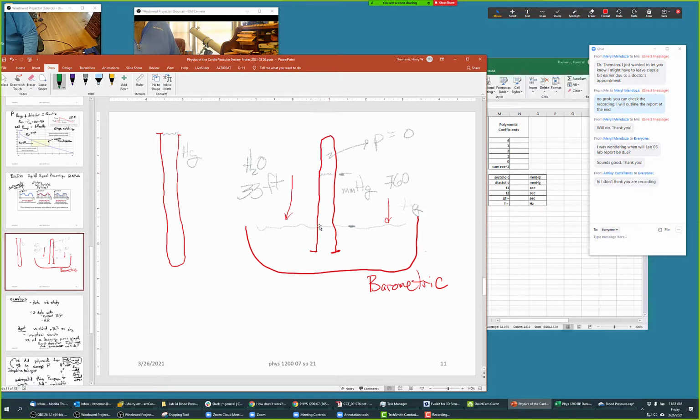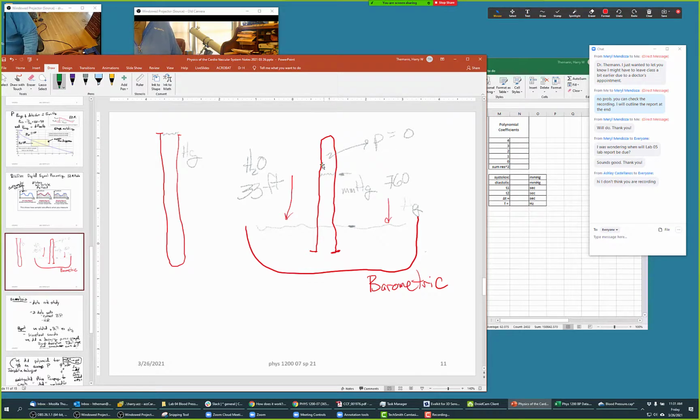You need about a meter of glass tube, maybe a meter and a quarter. And the mercury will drop down, but it won't just come out completely because the atmospheric pressure is pushing on the pool of mercury.